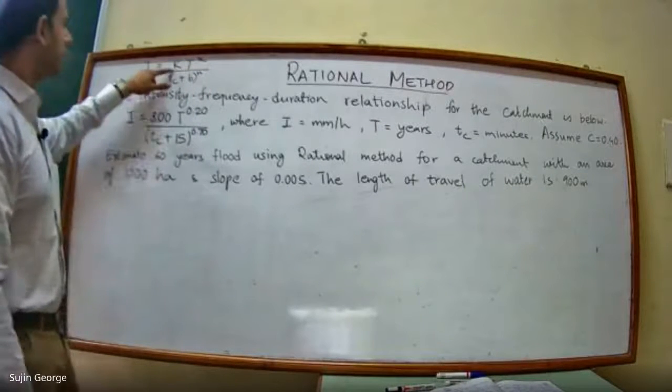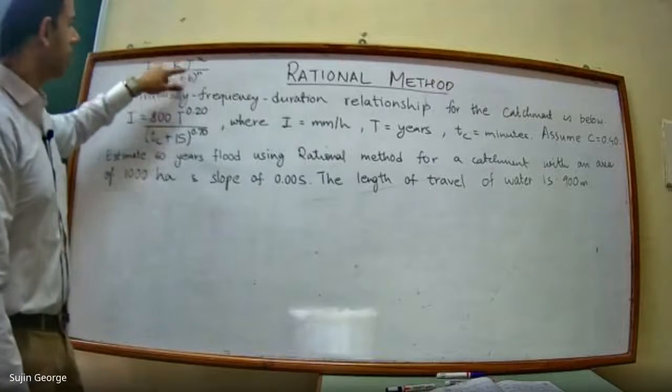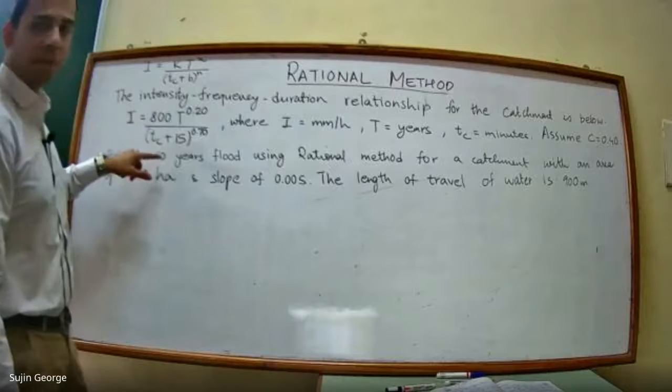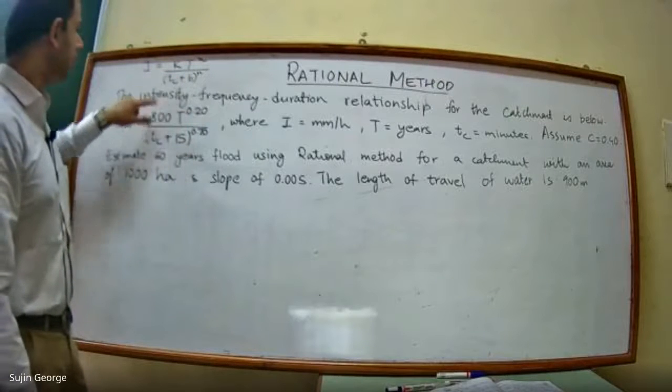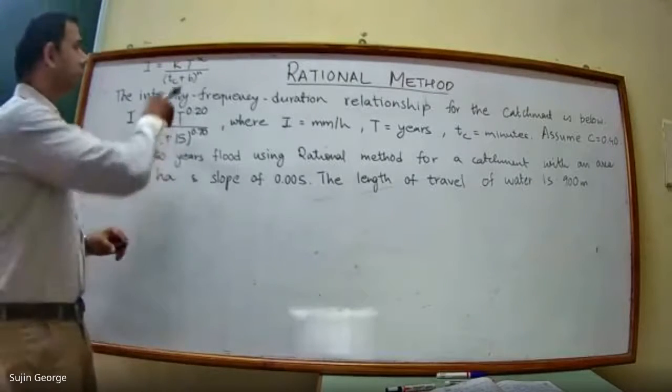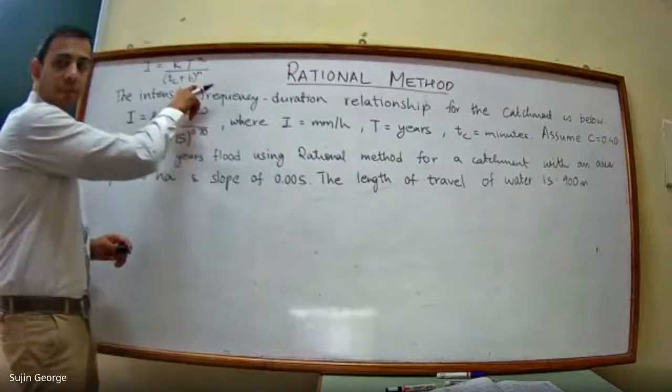So here k is 800, t is the value you have to find out, or it is given over here. X is given as this, Tc is this, b is this. So this formula is related with this equation.